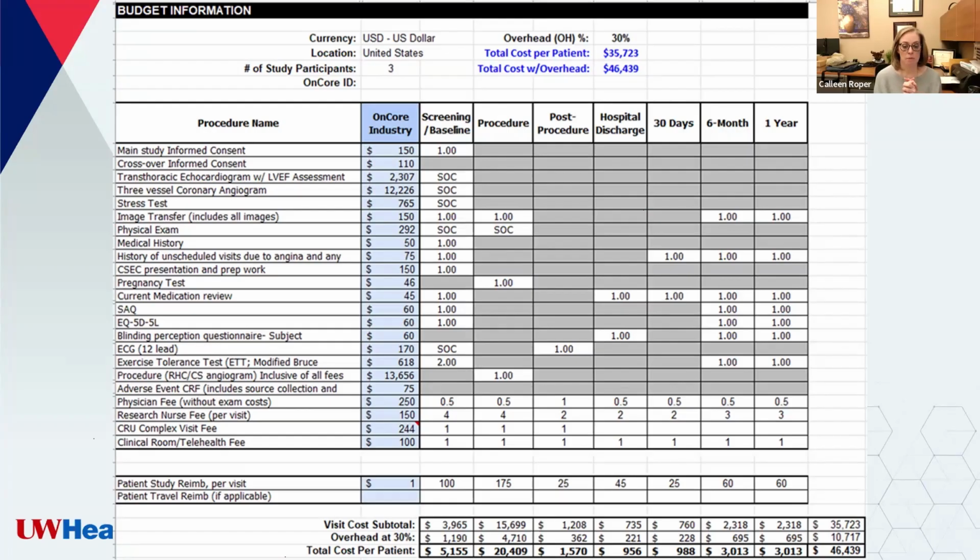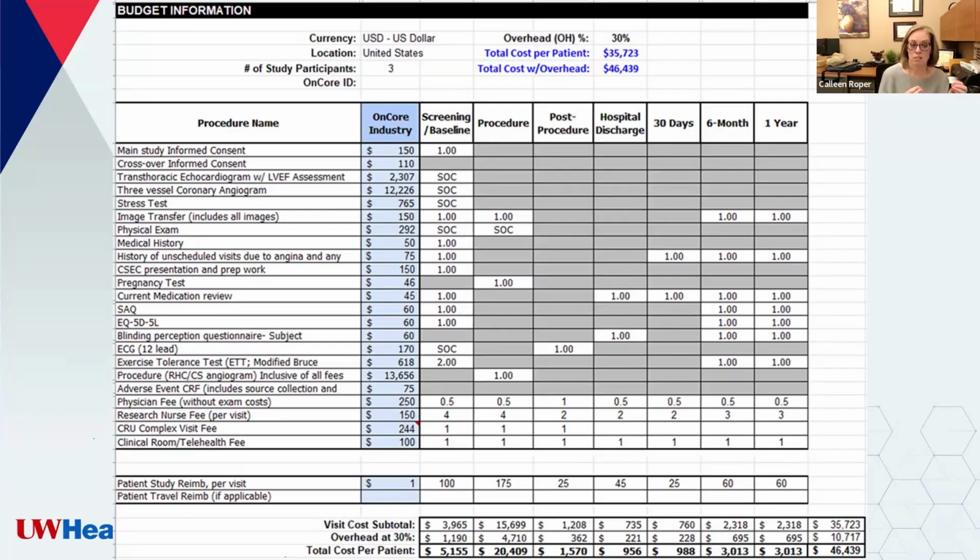One of the questions that came up was how we account for shifts in costs, like working with the clinical research unit, the CRU, or procedure costs at the hospital going up 1 or 2% every year.